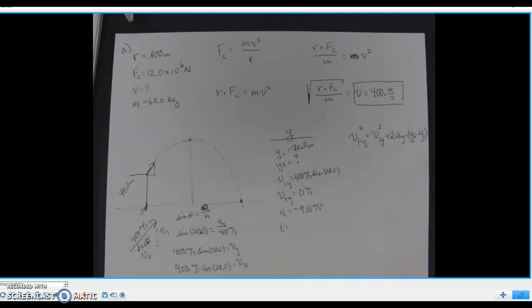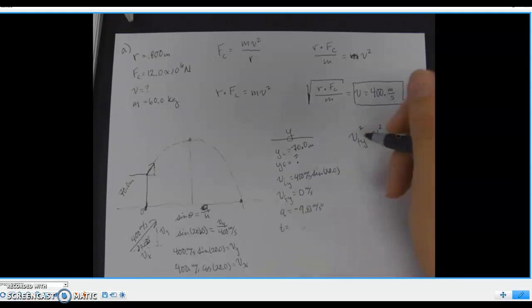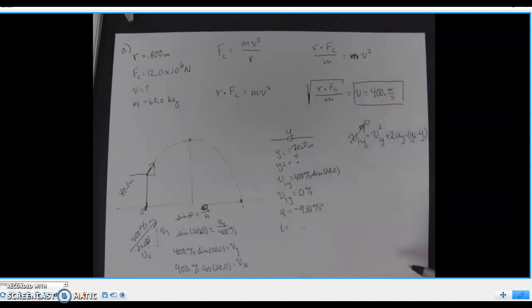Let's recognize if any of these are 0. Let's see, this velocity final, that's 0. And then I'm going to solve for this y final. This y final is in a parenthesis, so I'll save that for last. This component is multiplied to these guys, and then this whole thing is added there. So that's the method I'm going to take to get to this number.